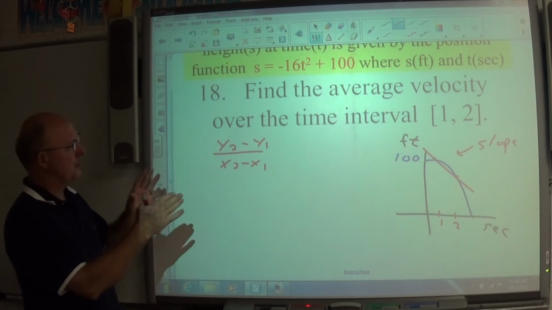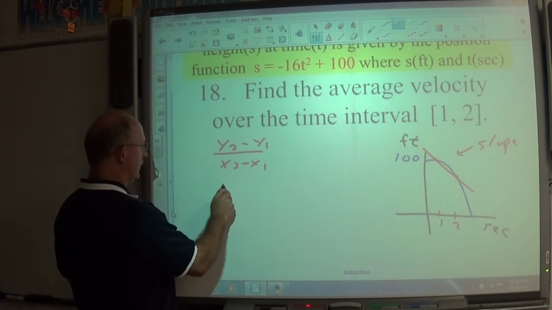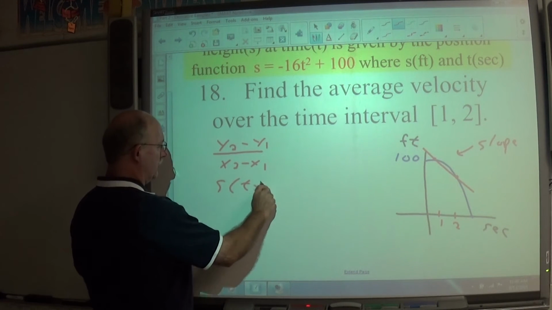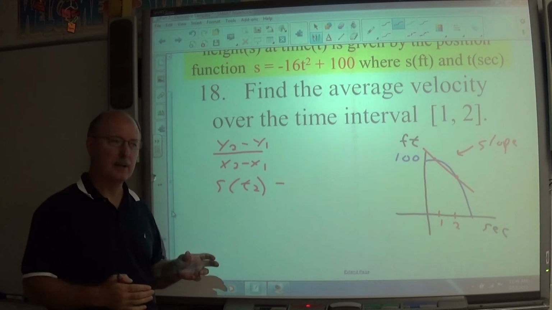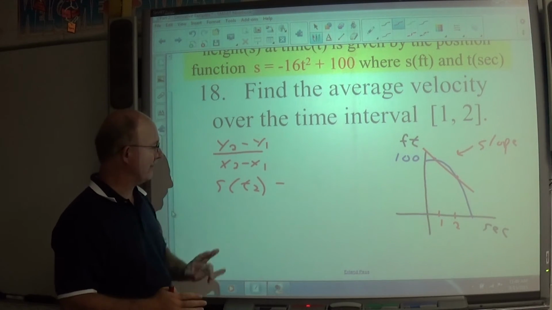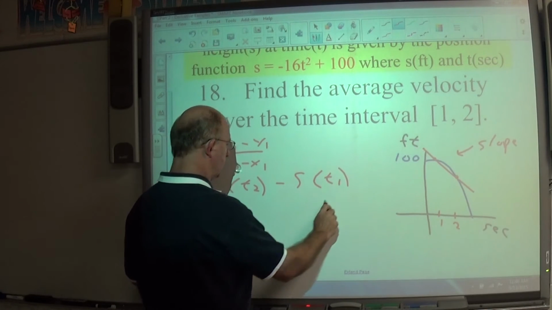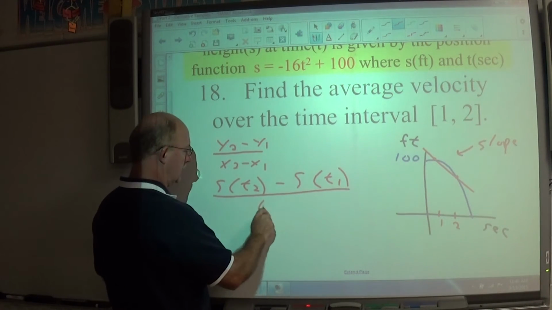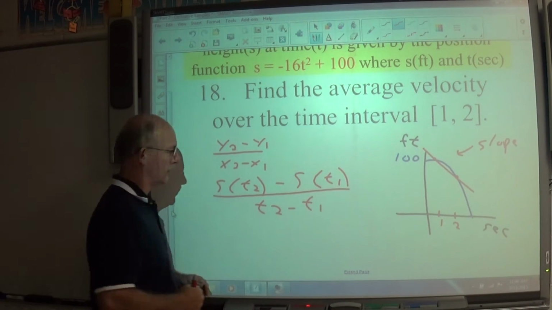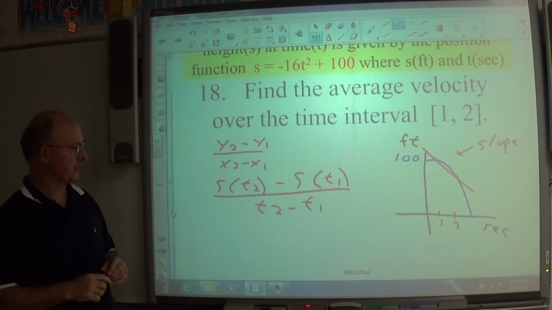With our position function, this would be the position s of t2. If you remember from your pre-calculus class, this is the way they express the average velocity: s of t2 minus s of t1 divided by t2 minus t1. So this would give us the average velocity.